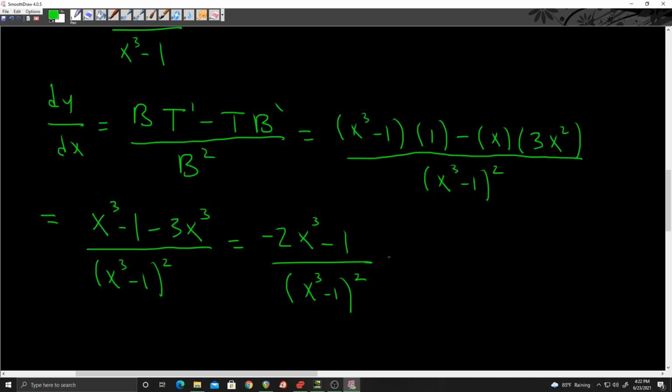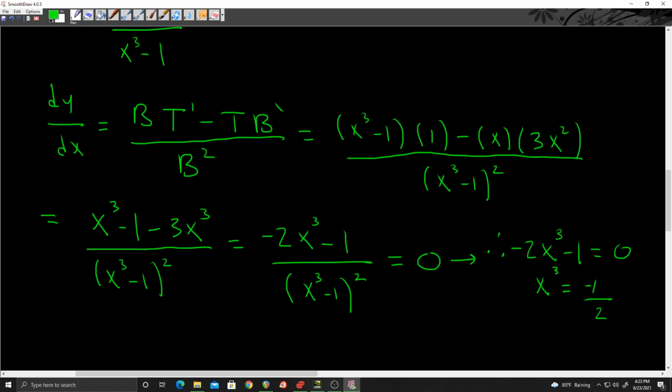So let's set this equal to 0 first, which obviously means the top has to be 0. Negative 2x cubed minus 1 equals 0. We're going to add 1, divide by negative 2. x cubed equals, I'm sorry, negative 1 over 2.